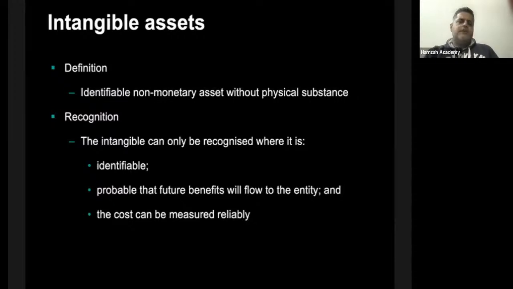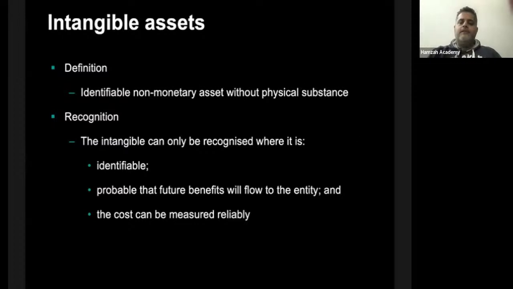Now, it does not cover the intangibles that are addressed by their own accounting standards, such as leases, or such as the goodwill itself, right? So these have their own accounting standards, and these are going to be tackled there, right?